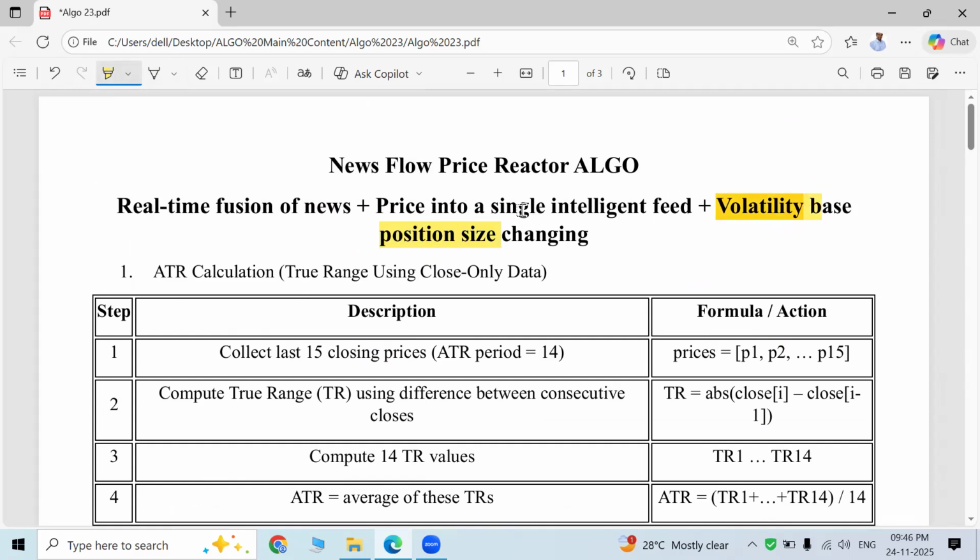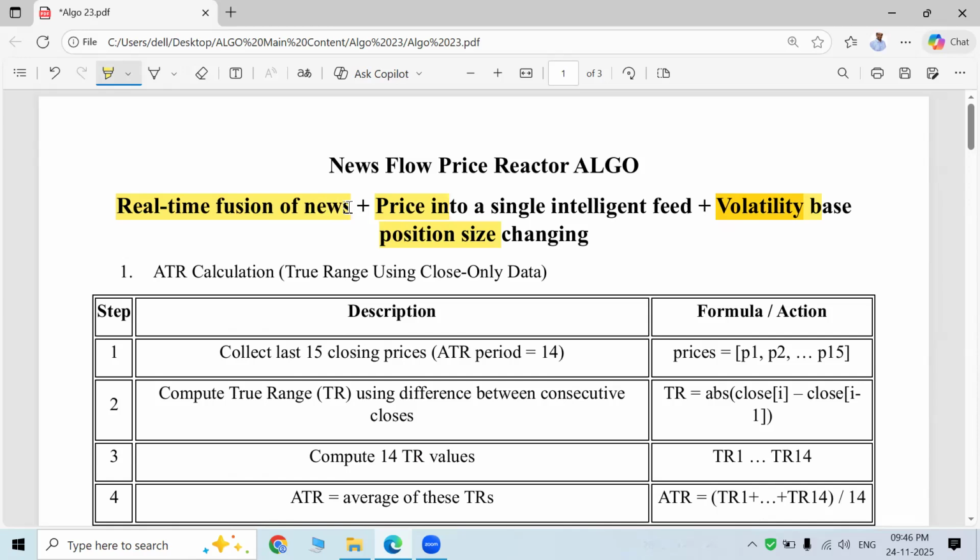Now volatility depends on the change of price, and the change of price depends on the news which is flowing. So in the simulation environment, I'm going to send different news, and the price is going to act on that different news.